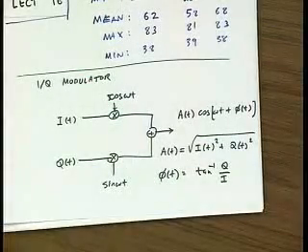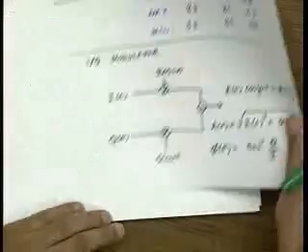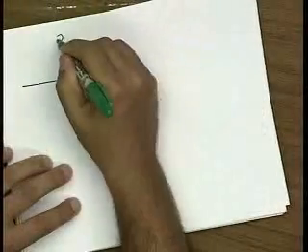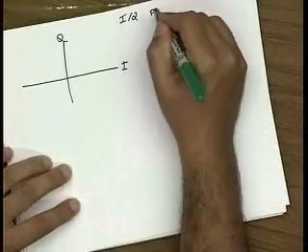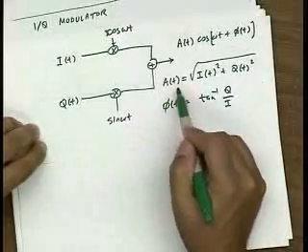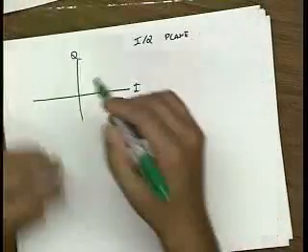We can plot I and Q separately. They're orthogonal from one another. So this is the I, this is the Q. Again, this is the IQ plane. And if I want to modulate my signal in such a way as to keep the amplitude constant, that corresponds to a circle on this plane.